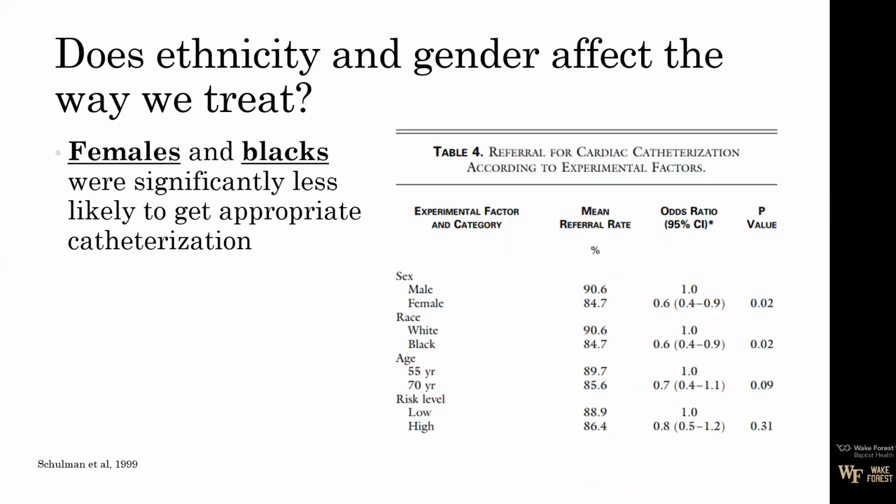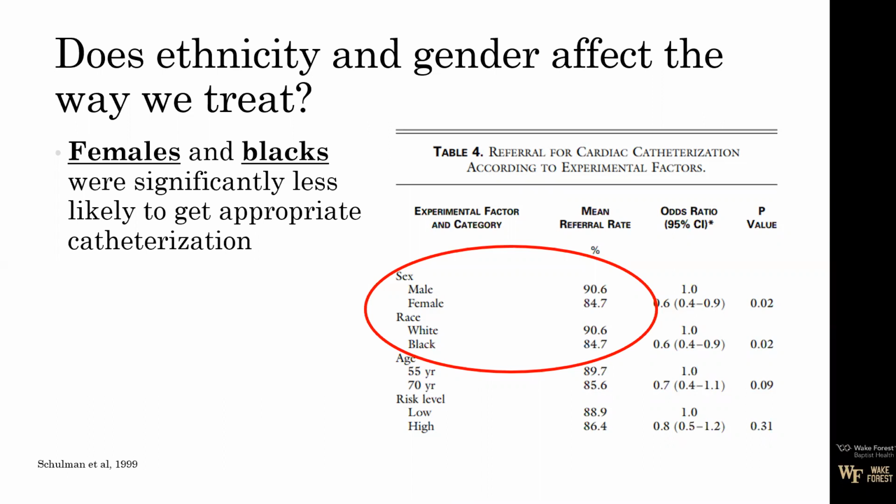What they found in their analysis was that females and blacks were significantly less likely to get appropriate catheterization. The people who developed this study were 4 cardiologists, and they determined that based on these scenarios, these people needed catheterization. You can see that in the group appropriate for catheterization, females were referred less, and the black group was referred less.